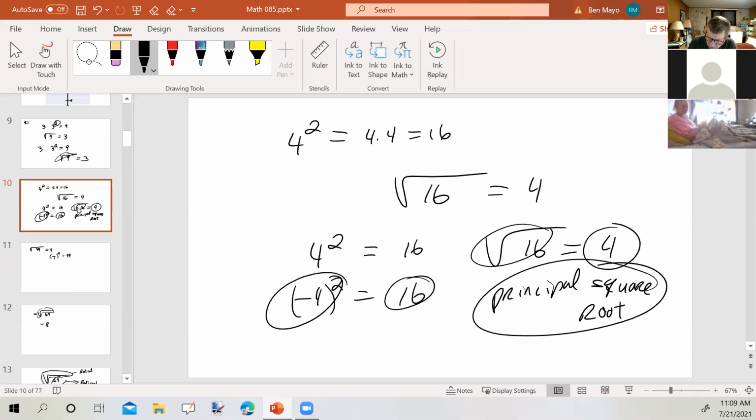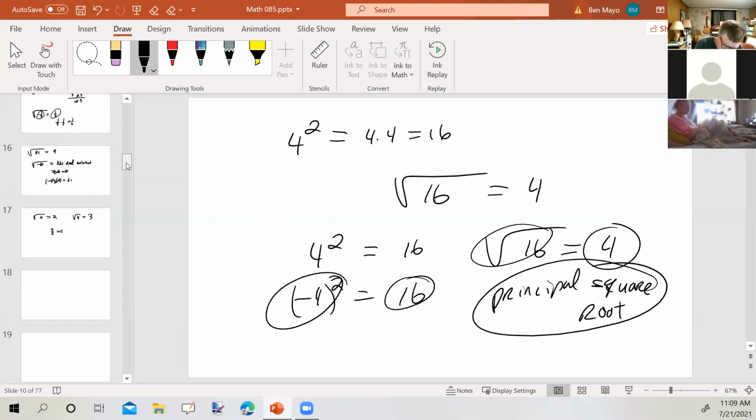So this is the principal root idea. With even roots, you can't take an even root of a negative number. And when you take an even root of a positive number or 0, you can't get a negative answer. So there are these restrictions, but they have to do with even roots, okay?